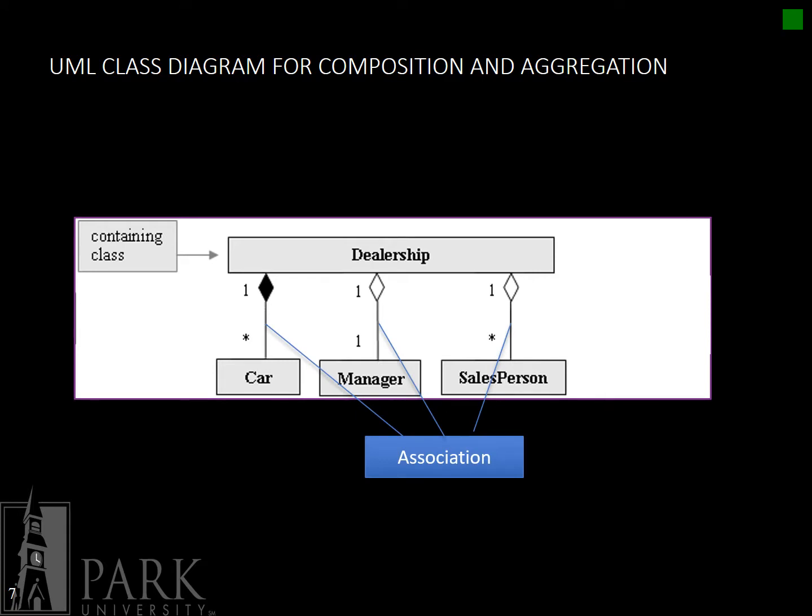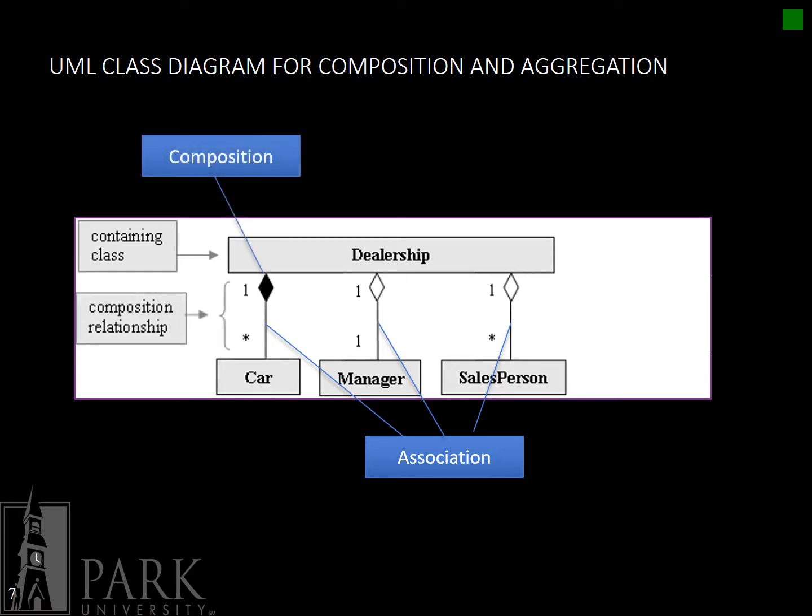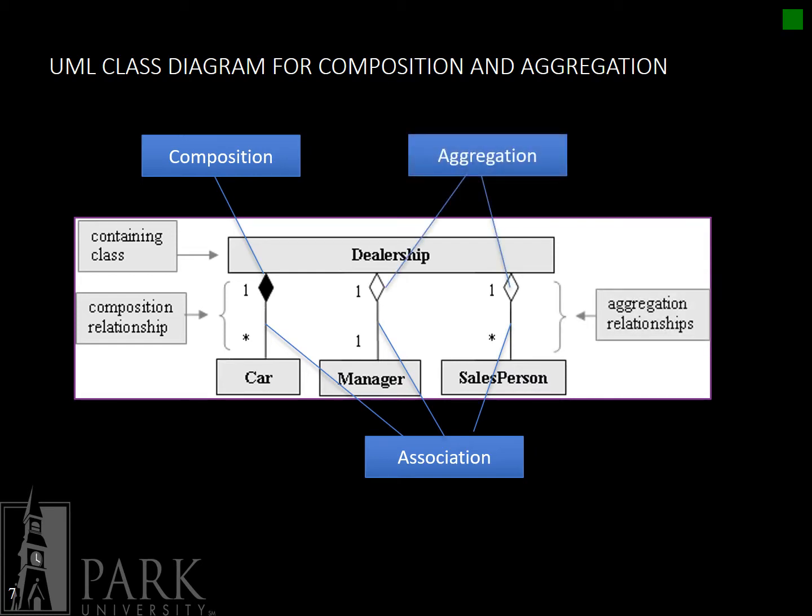On an association line, a solid diamond indicates a composition relationship. And a hollow diamond indicates an aggregation relationship. The diamond goes next to the container class. The labels on the association lines are called multiplicity values, and they indicate the number of object instances for each of the 2 connected classes.